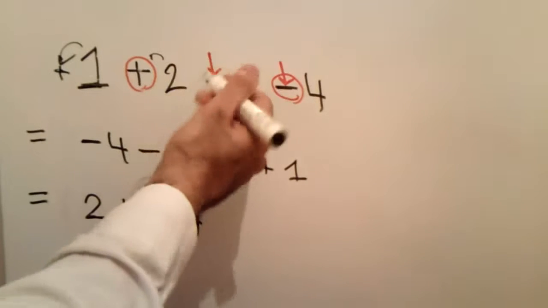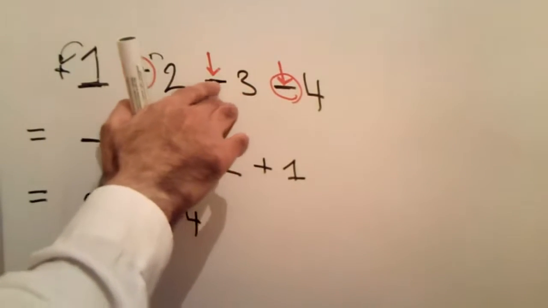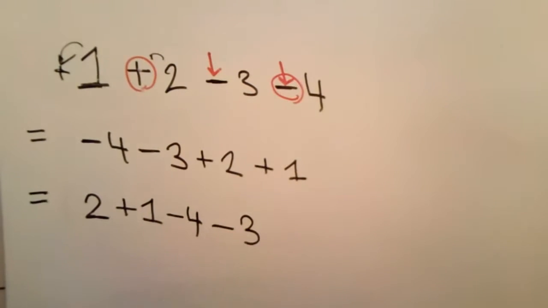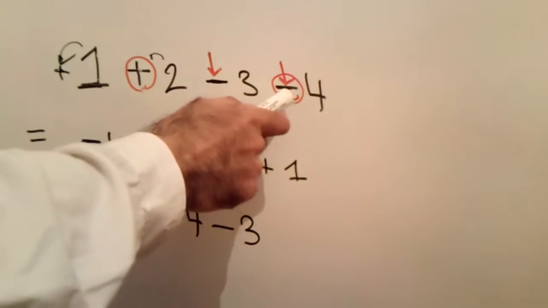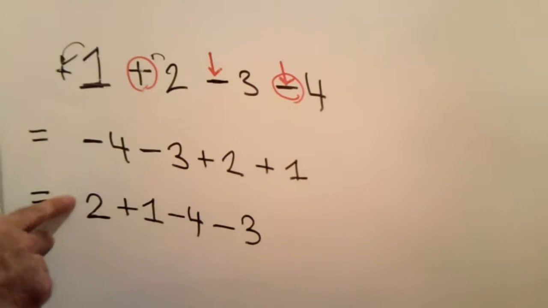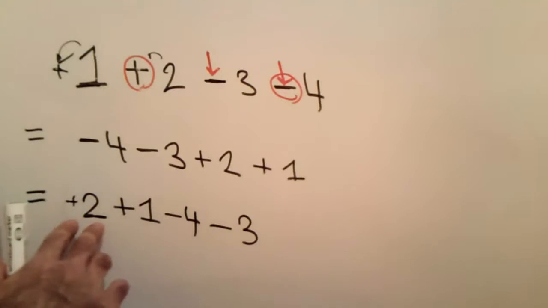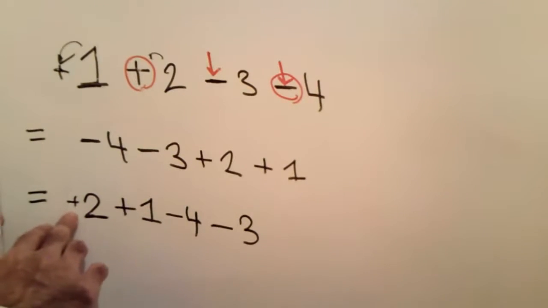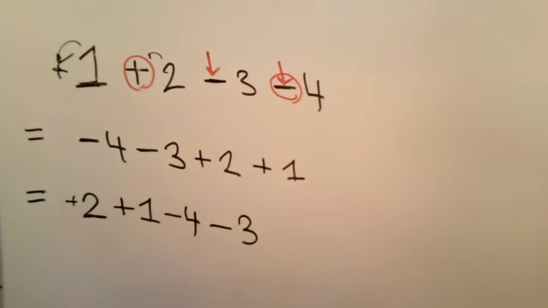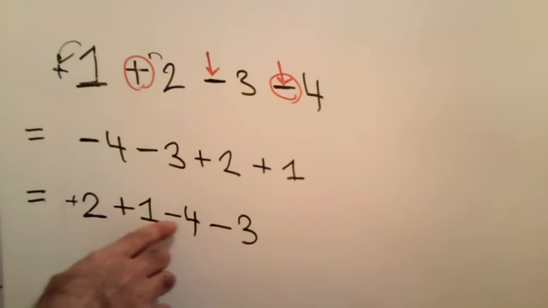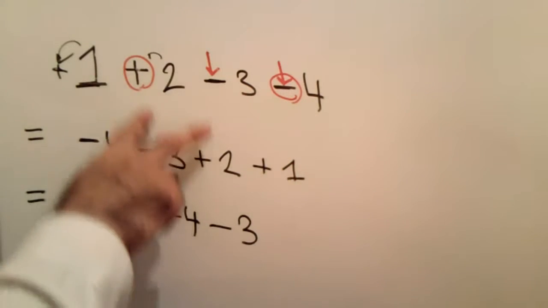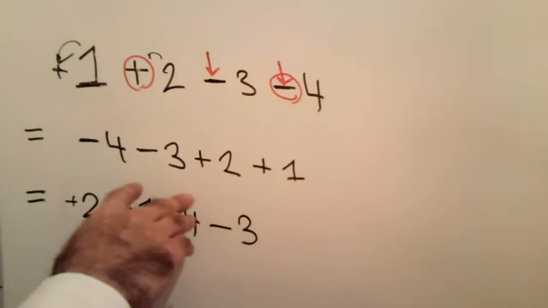And now we're left with 3, and the operator is minus, so it's minus 3. So again, we can say that 1 plus 2 take away 3 take away 4 is also the same as positive 2, plus 1, take away 4, take away 3. Here the operator has become the sign. Whatever's on the left hand side will be the sign. All of these will equal the same value.